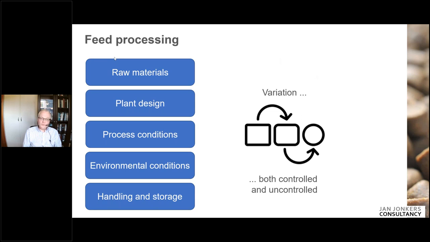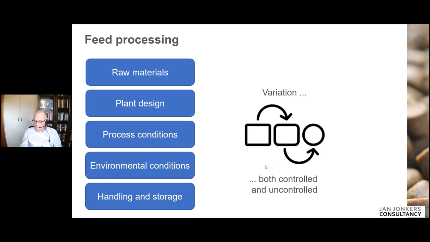But there are also uncontrolled parameters like raw material variation. One time a product can be different from the next time, depending on the season. Environmental conditions can fluctuate. In the summer it can be hot and humid, and at a different time of the year it can be lower humidity and a different temperature, which can all affect the processing.